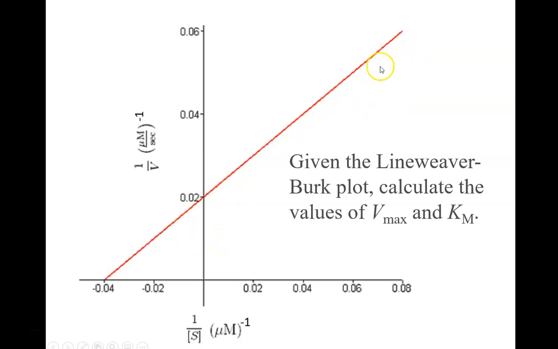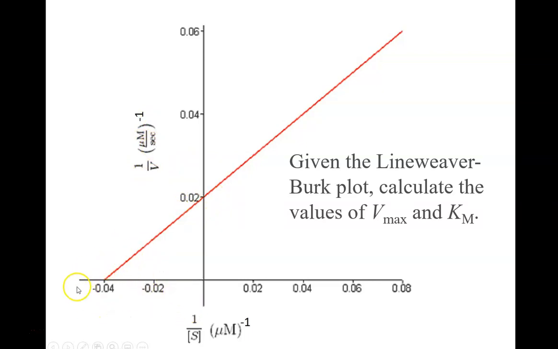If I plot my data and extrapolate back, say you've measured your velocity in micromolar per second, what you have here is seconds per micromolar, and that's indicated by this minus 1 right here, because if you take the reciprocal of the number, you have to take the reciprocal of the units. So if we cross over here at 0.02, then if we take the reciprocal, we get a Vmax of 50 micromolar per second.